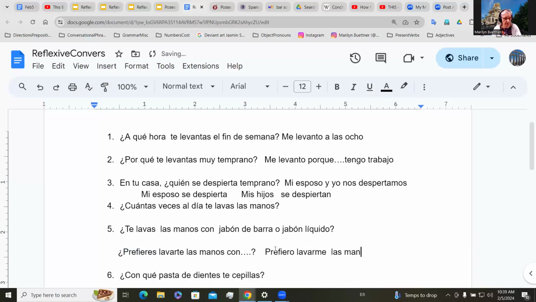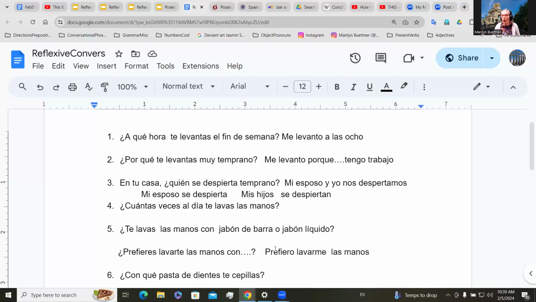I prefer to wash my hands. Prefiero, there's the yo form, lavarme, and then that reflexive can just stay there, not conjugated. But because I've got 2 verbs working together, that little me word is flexible. It's got 2 places it can potentially go.